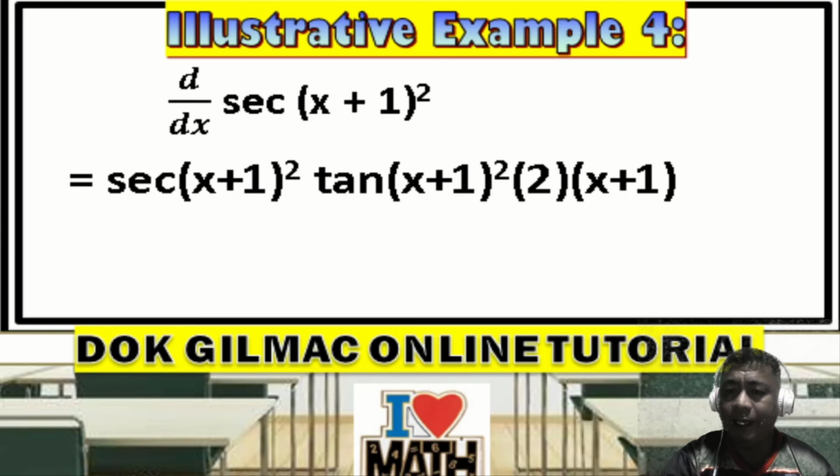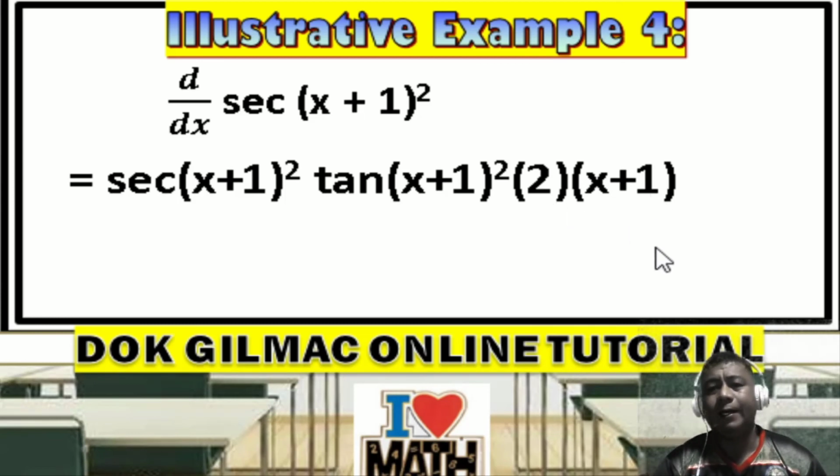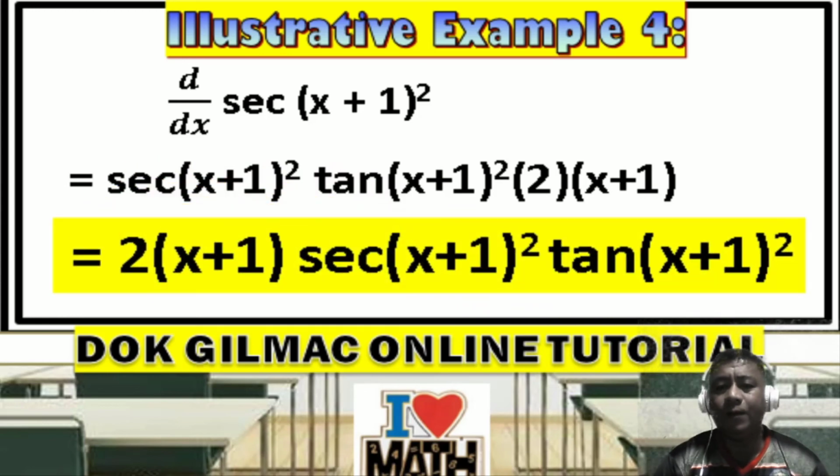So as you can see here, the derivative of x plus 1 raised to 2 is simply 2 of x plus 1. We just applied the power rule of differentiation. Simplifying further, this is just equal to 2 of x plus 1 secant of x plus 1 quantity squared tangent of x plus 1 quantity squared.